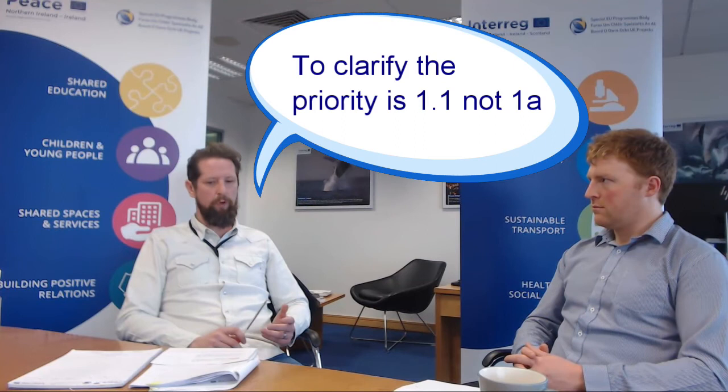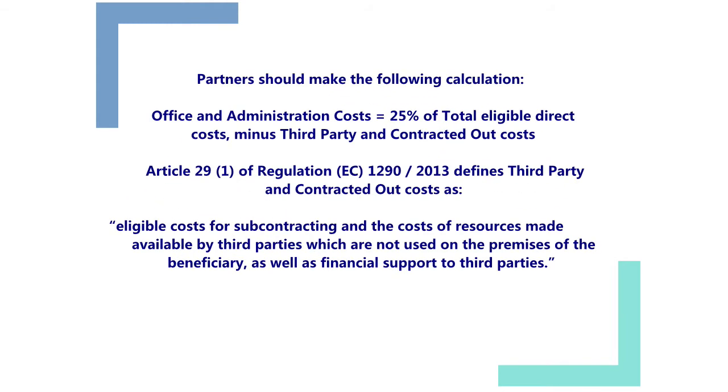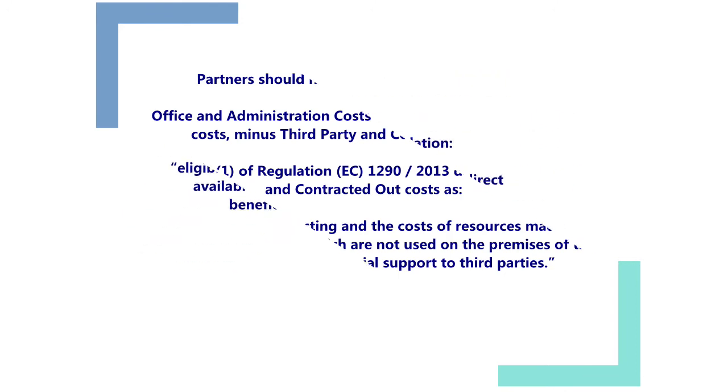So under the INTERREG 5A, Research and Innovation Priority 1A, there's a flat rate of 25% of total direct costs. And that will have to be input manually. The flat rate tick box doesn't apply in that instance.